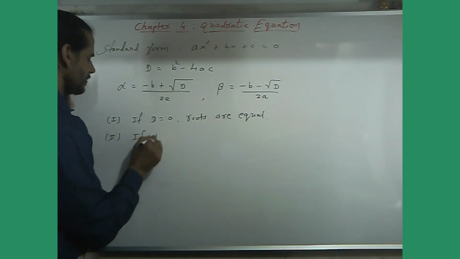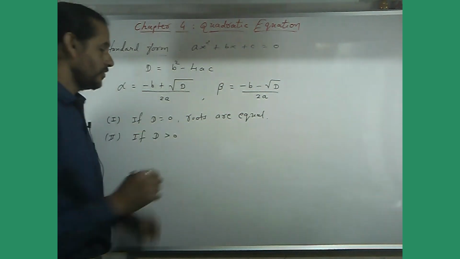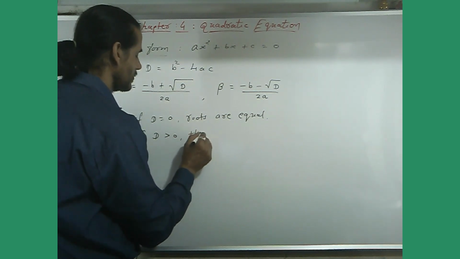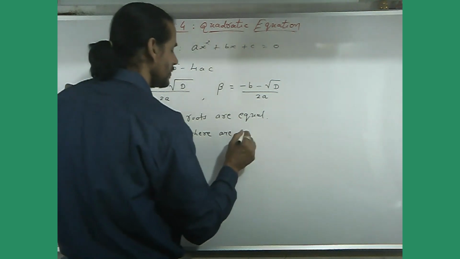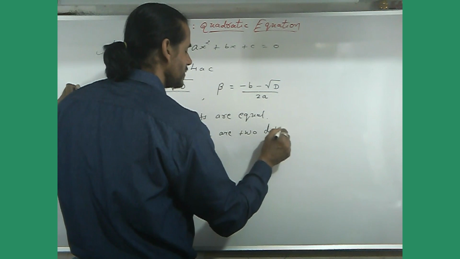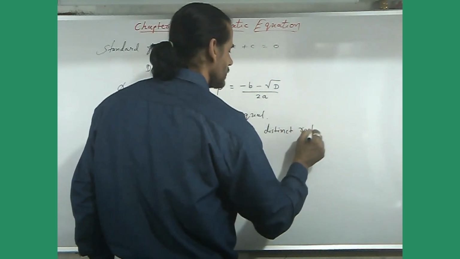If D greater than 0, there are two distinct roots.